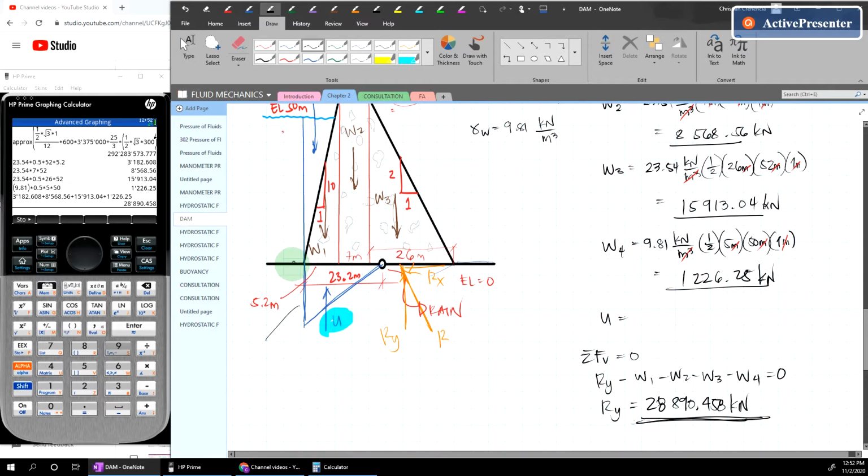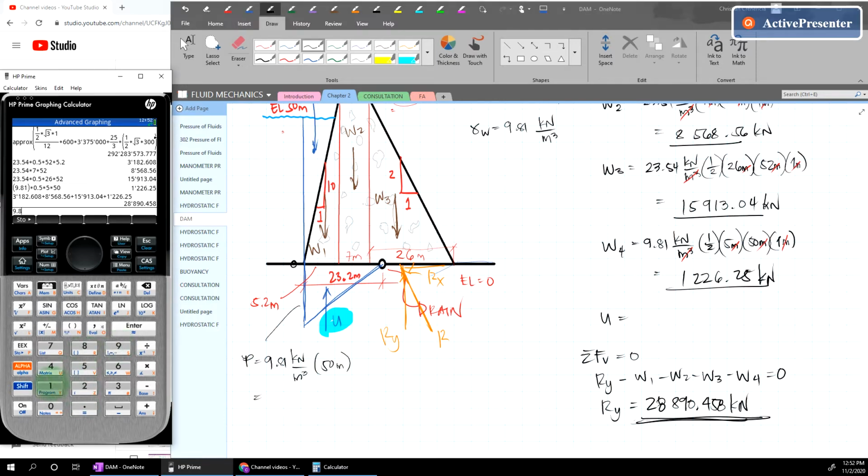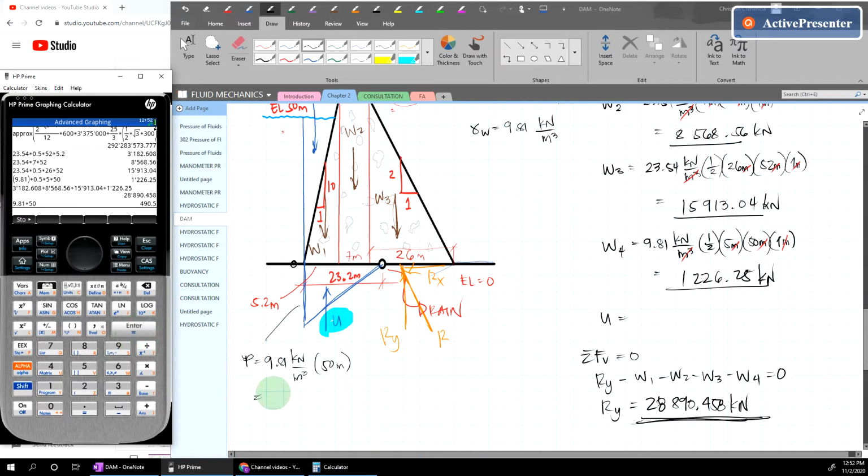So, kung ano yung pressure dito sa elevation na to, which is equal to unit weight ng water, 9.81 kilonewton per meter cube multiplied by height na 50 meters. So 9.81 times 50. Okay, so we have 490.5 kilonewton per meter squared or kilopascal.